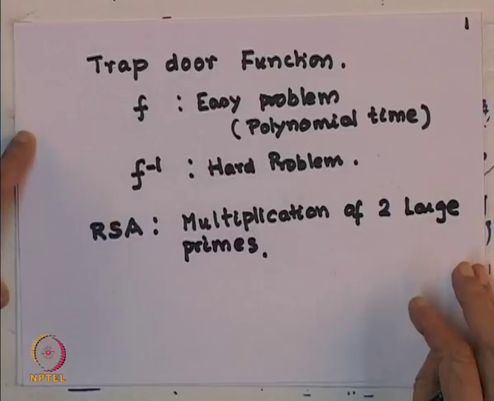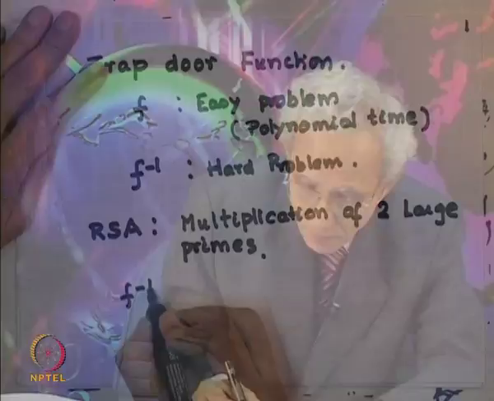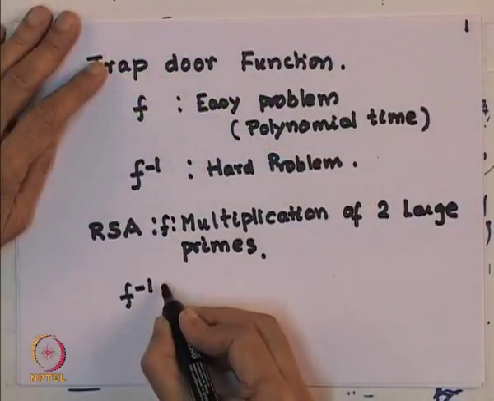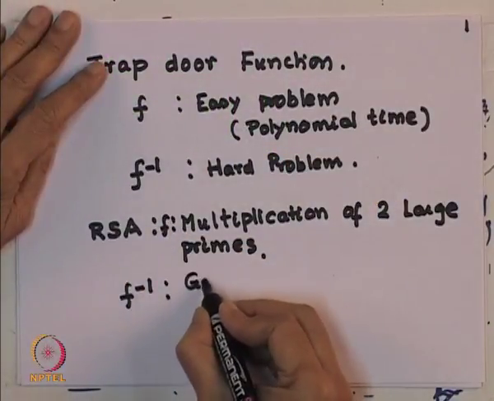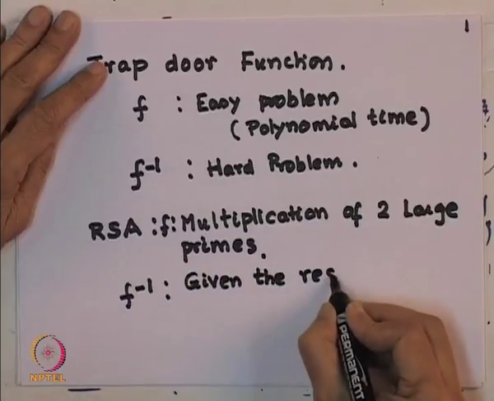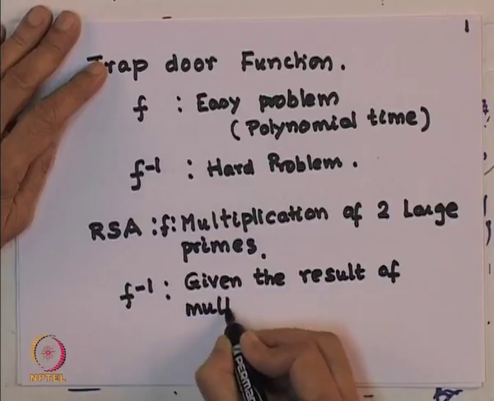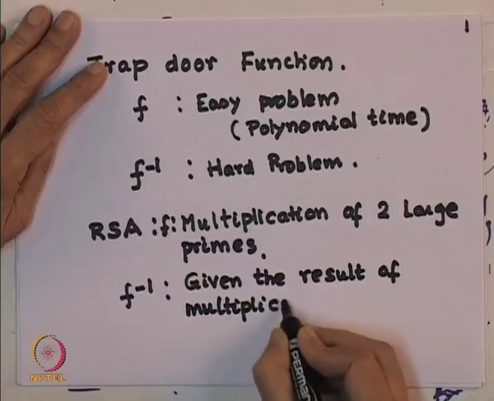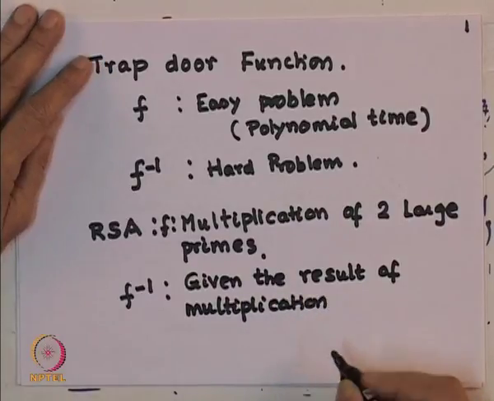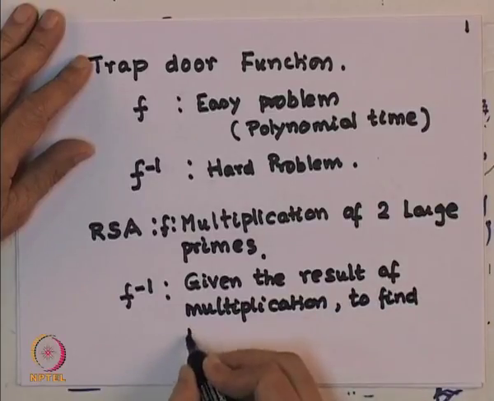Multiplication, as we all know, is an easy problem. But given the result of multiplication, the inverse problem, so this is my f, the inverse problem is, given the result of multiplication, to find out the factors, the prime factors.